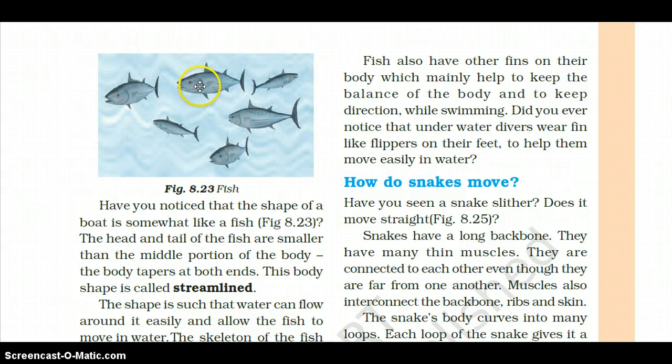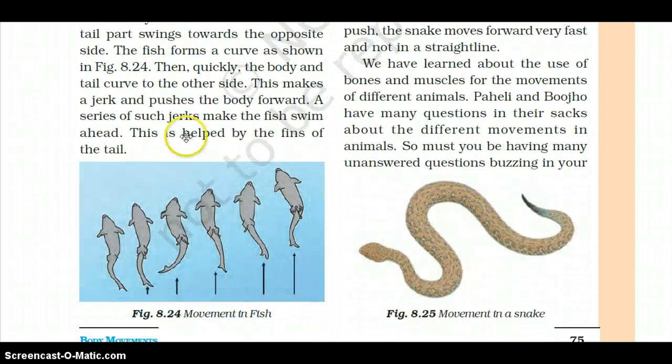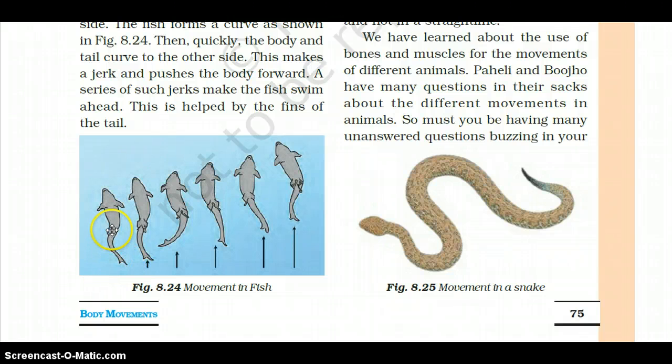Now during swimming, these muscles make the front part of the body curve to one side. When a fish moves, what happens? Because of these strong muscles, one end curves to one side, and the tail moves to the opposite side, forming a curve, as you can see here.